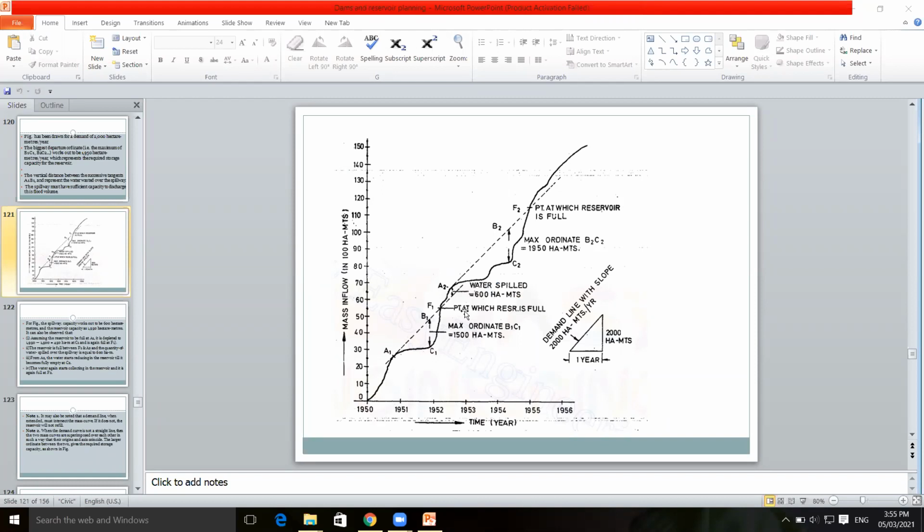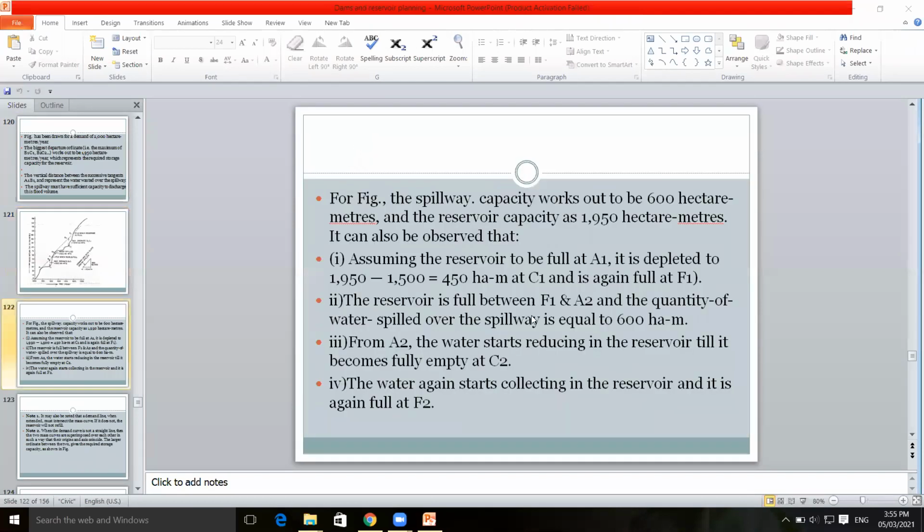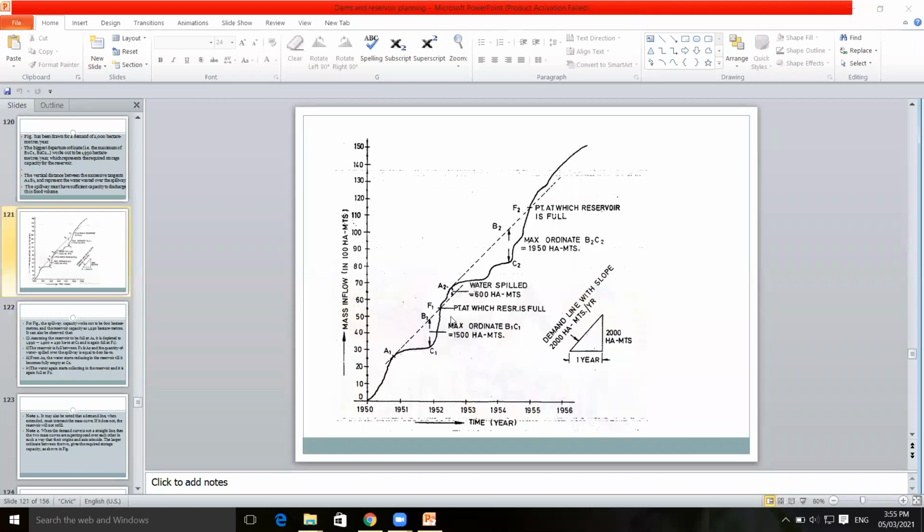Then from A2 the water starts reducing in the reservoir till it becomes empty at C2. After the water spilled over the spillway, it is reduced again from A2 to C2.